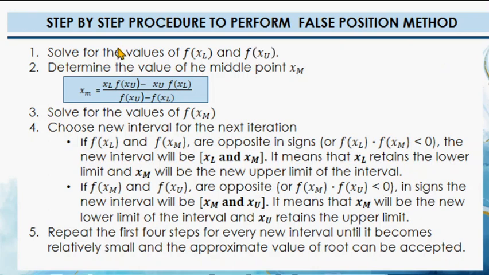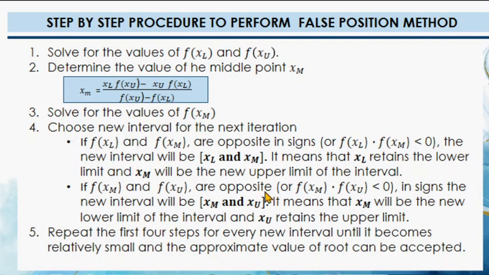Ito siya. So, after makapag-solve ng x sub m, makakapag-solve na tayo ng value ng ating f of x sub m. Pagkayari nun, we have to choose new interval for the next iteration.